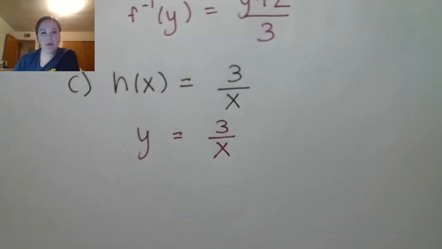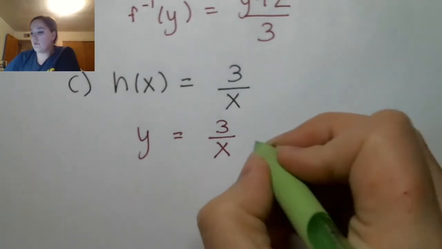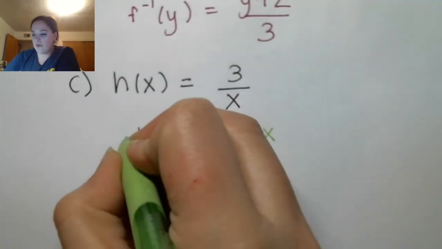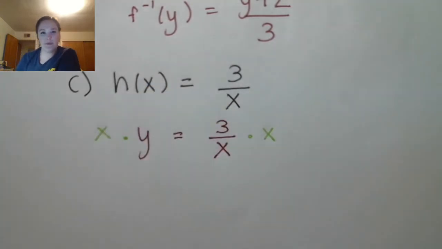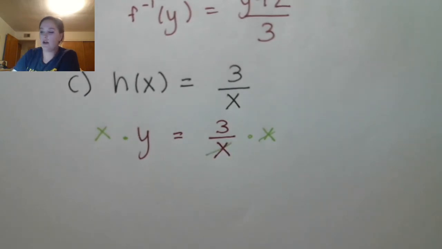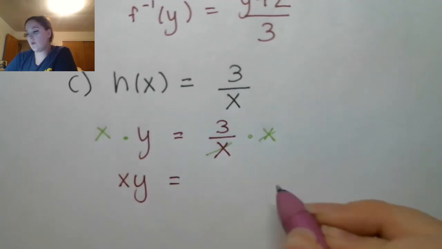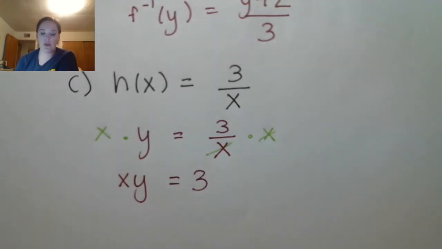Now we're going to try to isolate x. In order to isolate x here, we're going to multiply this equation on both sides by x. Now this x is going to cancel with this one. So on the left side, I'm going to get xy, and on the right side, I'll just have 3.